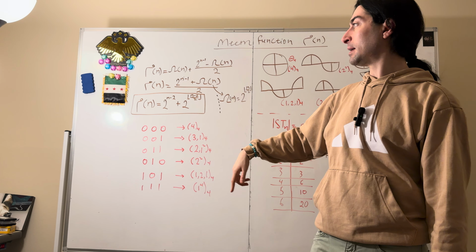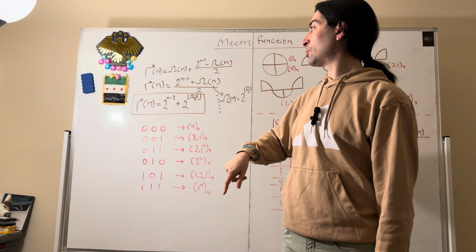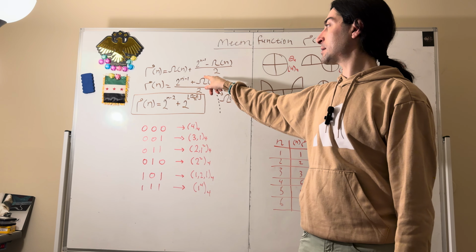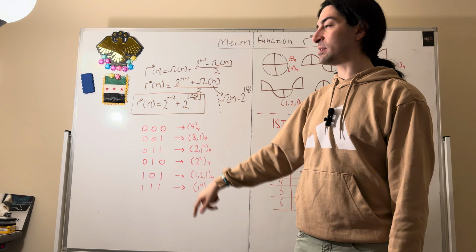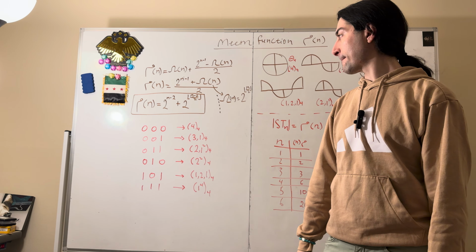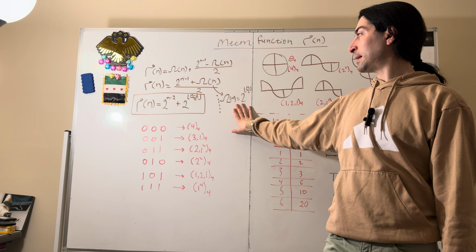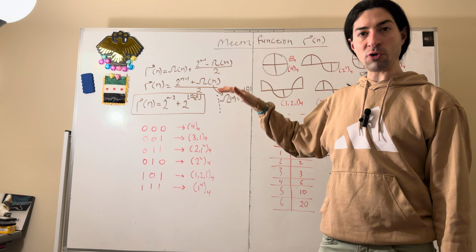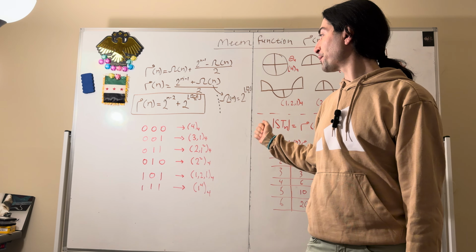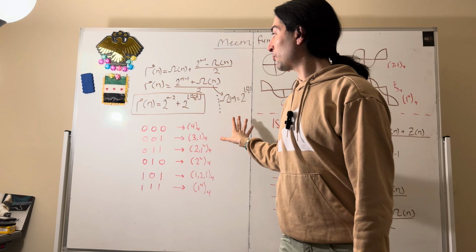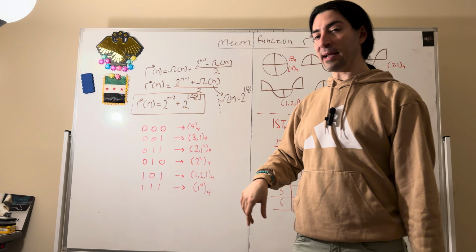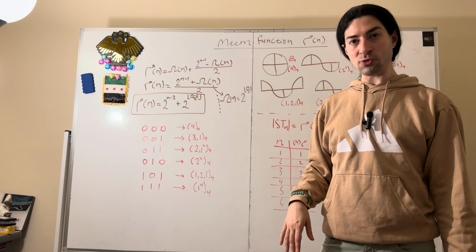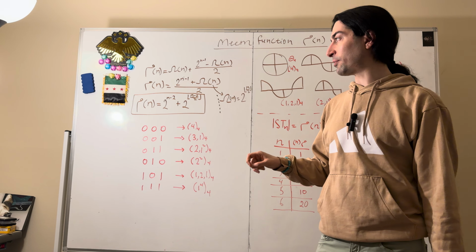Meem of n is equal to 2 to the power of n minus 1 plus omega of n divided by 2. Now, we've already said that omega of n is equal to 2 to the n over 2 rounded down.